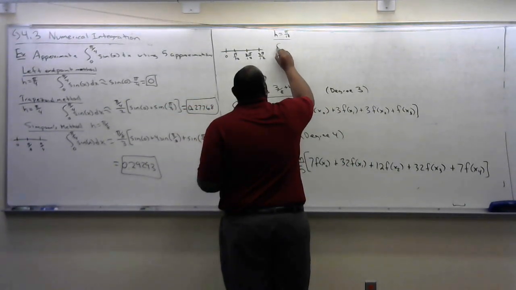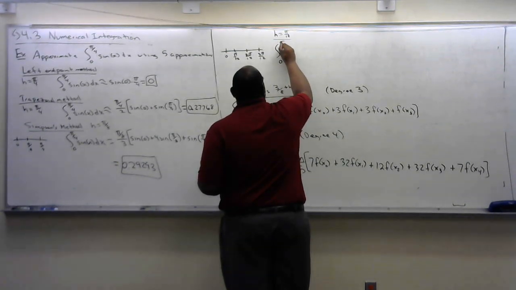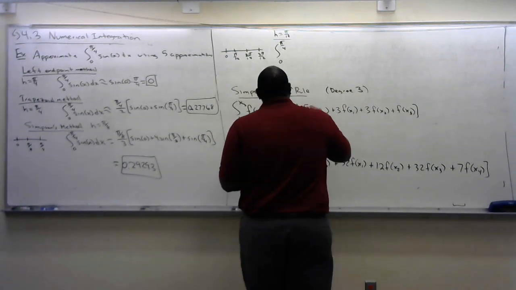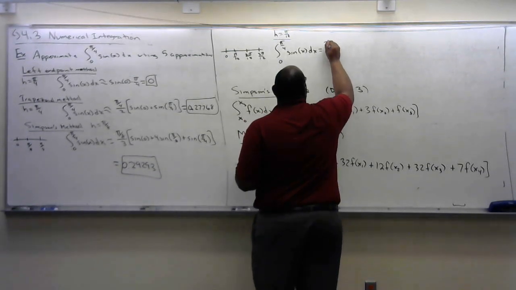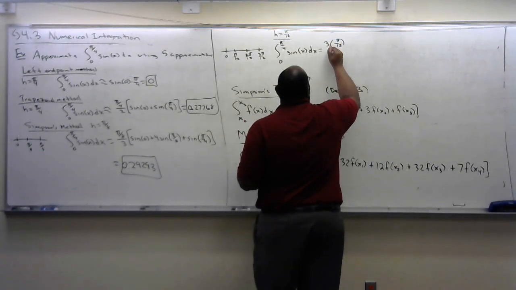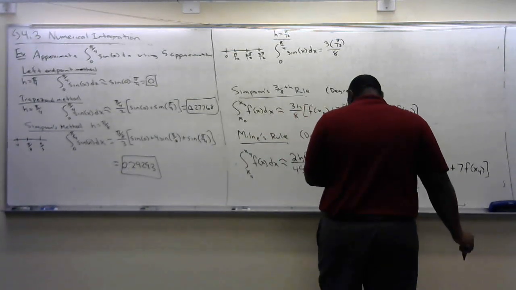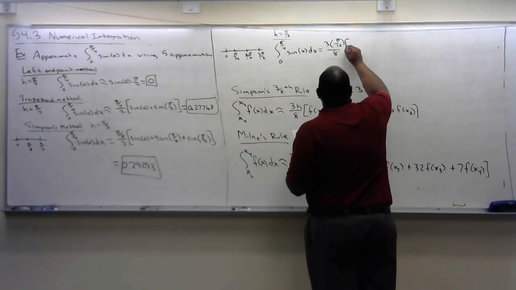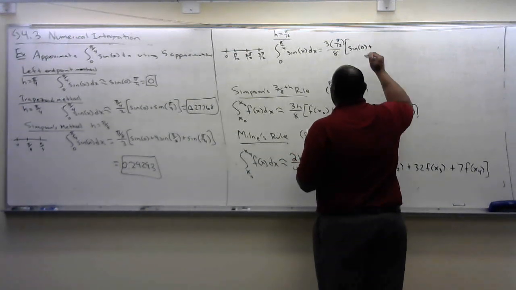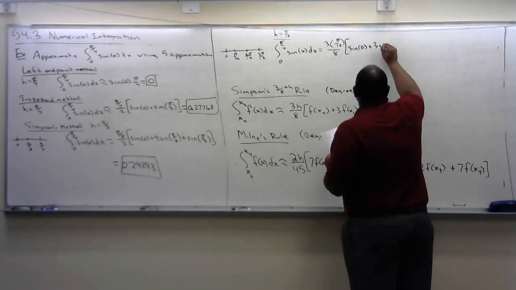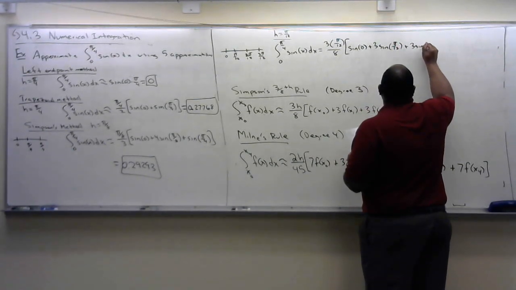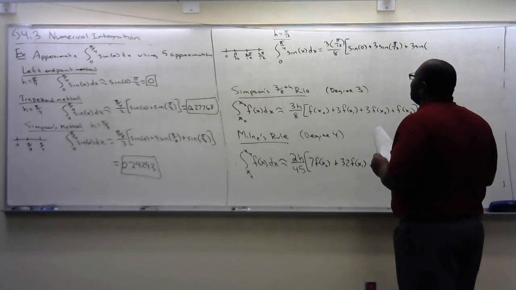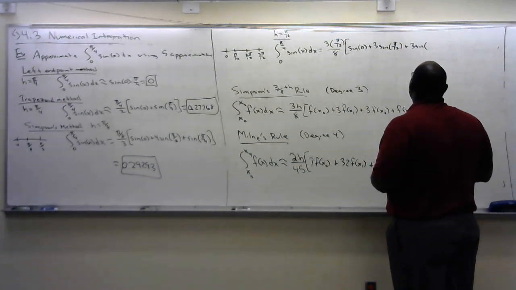So h is equal to pi over 12, so I have the integral from 0 to pi over 4 of sine of x dx is equal to 3 times pi over 12 divided by 8 times sine of 0 plus 3 sine of pi over 12 plus 3 sine of 2 pi over 12, which is pi over 6 if I wanted to.